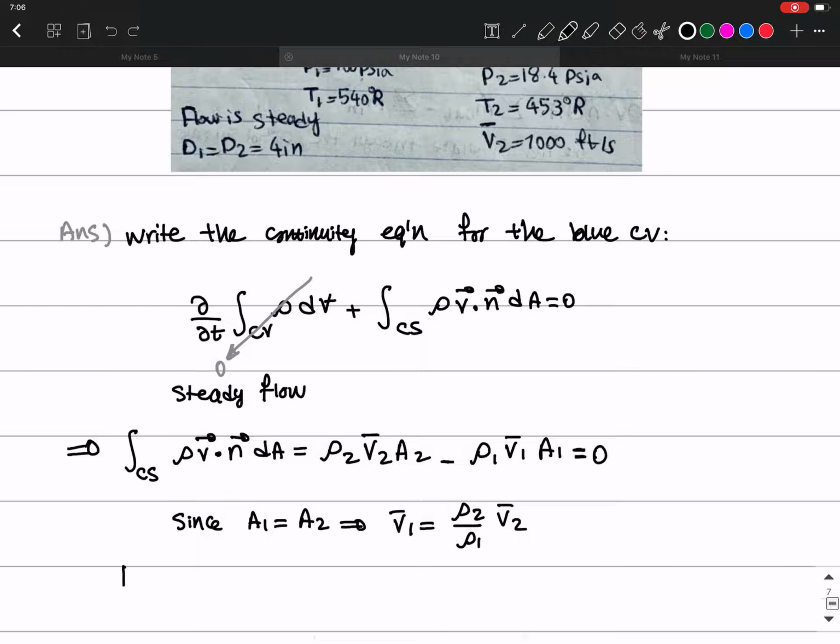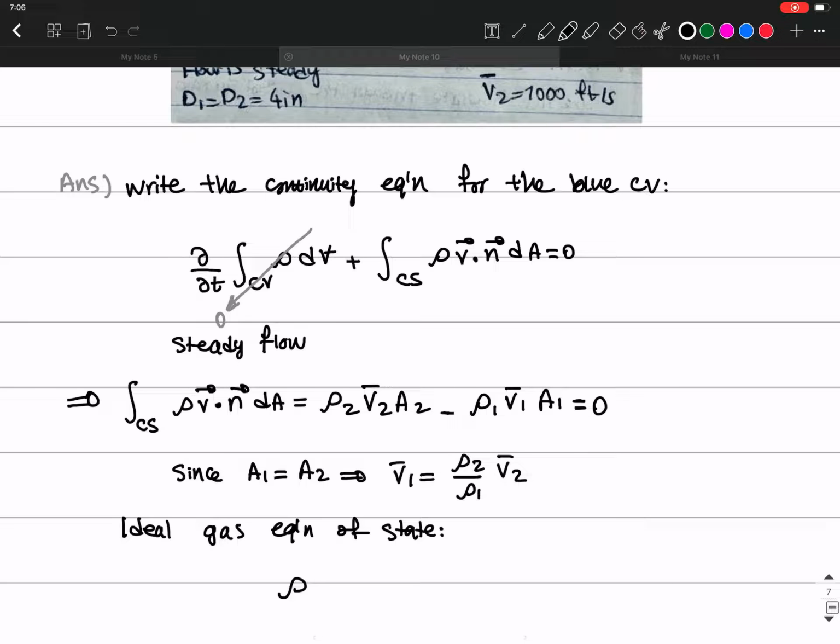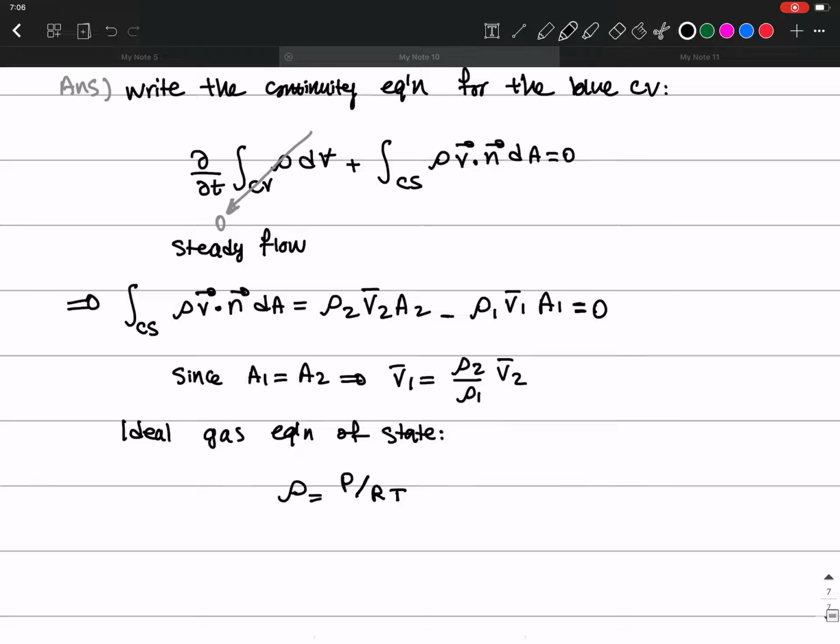So the ideal gas equation of state is rho equals P over RT. Okay? So v bar 1 equals, instead of rho, I just write P over RT.